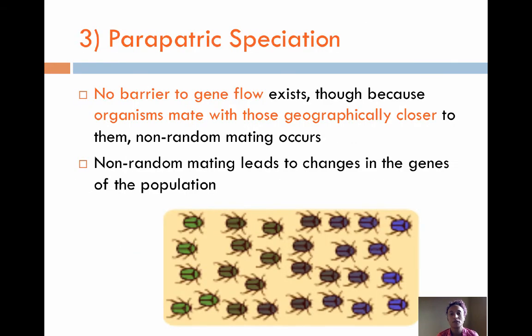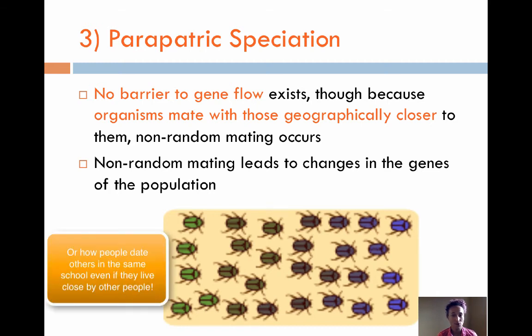The third type of speciation that occurs is parapatric speciation. So no barrier exists whatsoever. It just describes the fact that we tend to connect with people who are a lot geographically closer. Think about this as in people in Brampton might be more likely to date each other than someone in Brampton and someone in Mississauga, even though they're still fairly accessible to each other.